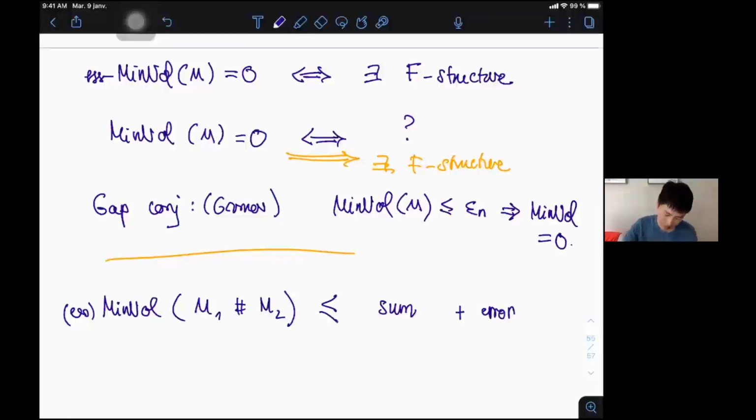So for example, in your question, if you do a finite number of blowups, then the minimal volume of the result is less than the minimal volume of your surface plus the number of times you blow up times a constant.